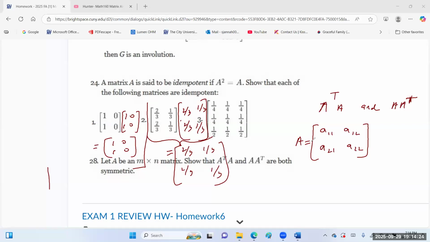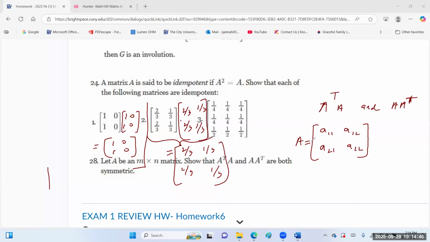You can use variables. So here I use small a for my variable, and 1 1 means first row first column. 1 2 means first row second column. 2 1 means second row first column. 2 2 means second row second column. So I'm using the smallest one, 2 by 2. You can use any size. It didn't say what size.